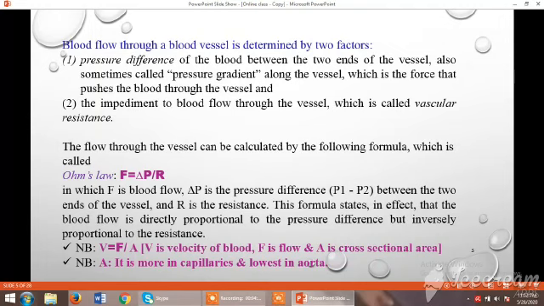In the capillaries there is more cross-sectional area, but in the aorta the cross-sectional area is lowest. As I told you, cross-sectional area more, so velocity less. So we can say there is less velocity in the capillaries. What is the importance of this? This slow flow rate helps in the exchange of substances, that is, good capillary exchange.